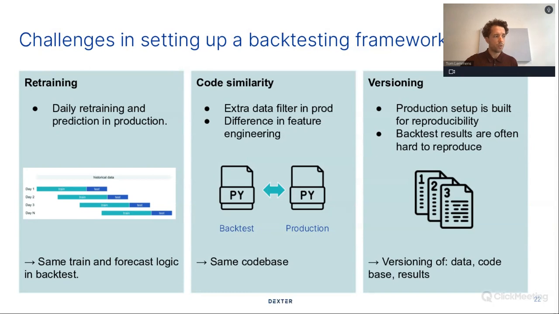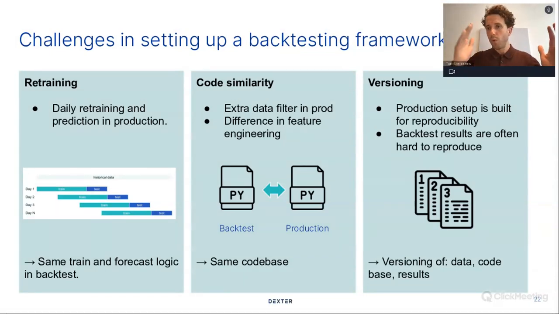Another example would be that you want to compare a new model you've developed with a model you've developed 6 months ago, right? To see how much you've improved since then. Also in this case, you need to be able to exactly pinpoint what code was used to create results at that time. Now, the solution for this would be to version your pipeline end to end.